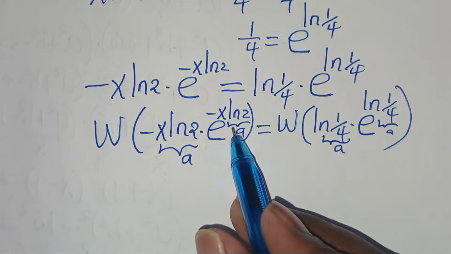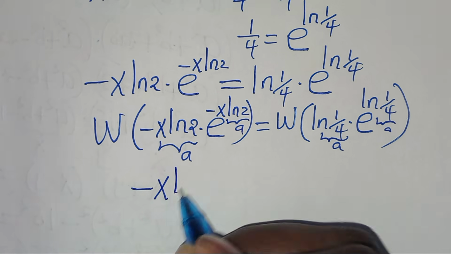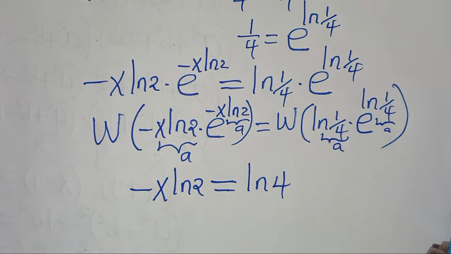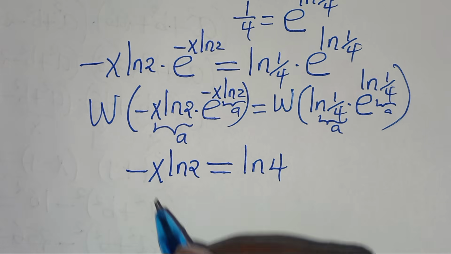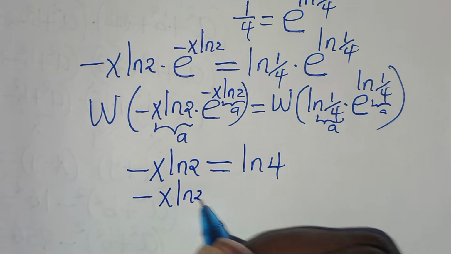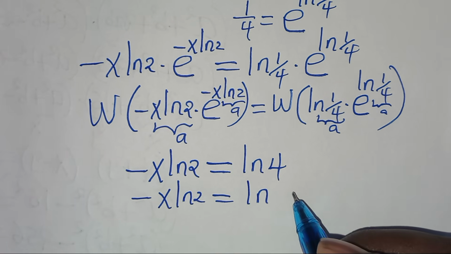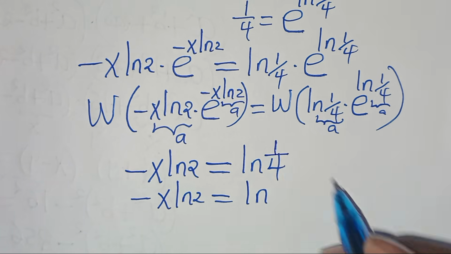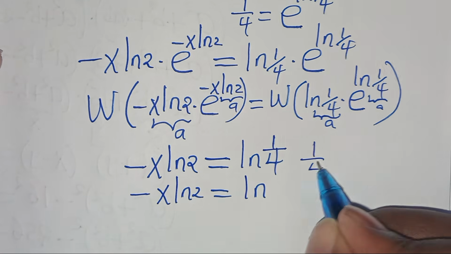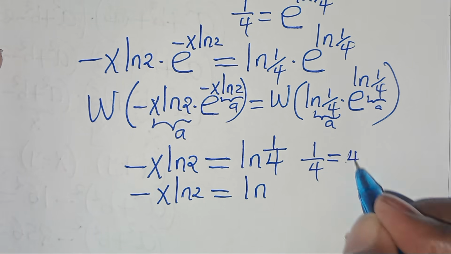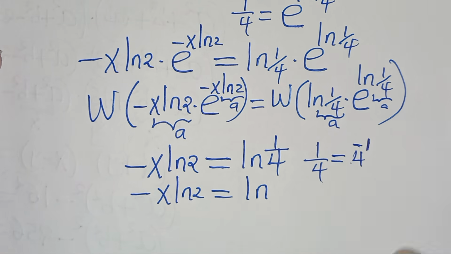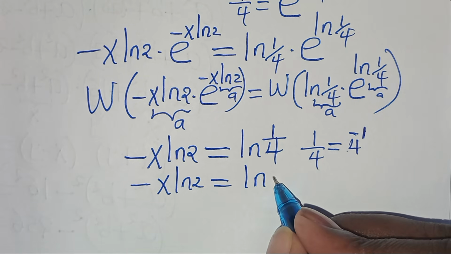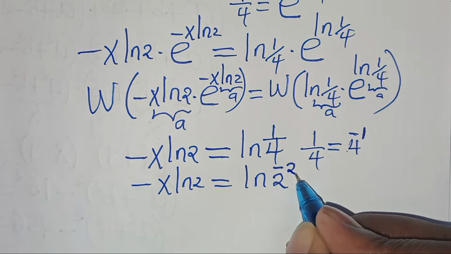So on the left hand side, we have minus x ln of 2, equal to ln of 1 over 4. We can express 1 over 4 as 4 to the power of minus 1, which is the same thing as 2 raised to the power of minus 2.